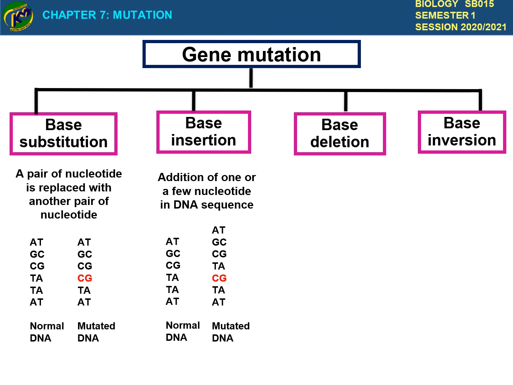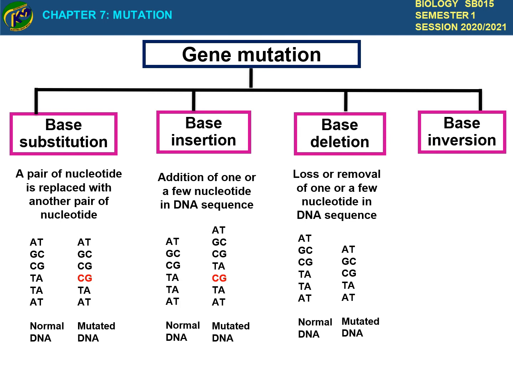Cytosine and guanine are inserted between the fourth and the fifth base pair. Base deletion is loss or removal of one or a few nucleotides in the DNA sequence. The example is the fifth base pair, which is thymine and adenine, is deleted from the normal sequence of DNA.